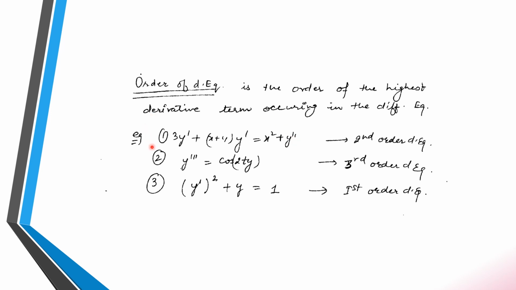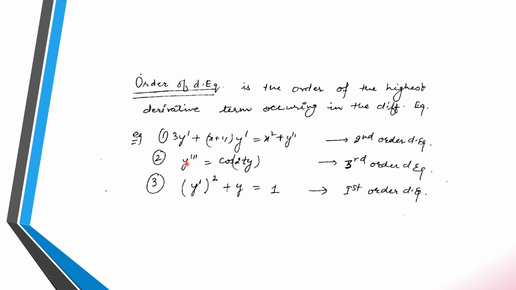So this differential equation has the second derivative as the highest derivative, so it is a second order differential equation. Moreover, this is an ordinary differential equation because no partial derivatives are involved, only ordinary derivatives. Therefore this is a second order ordinary differential equation.